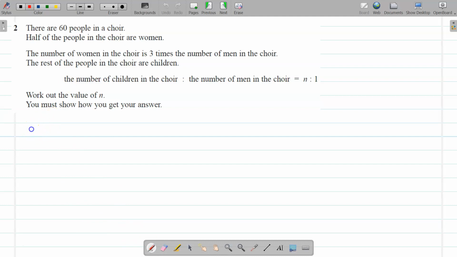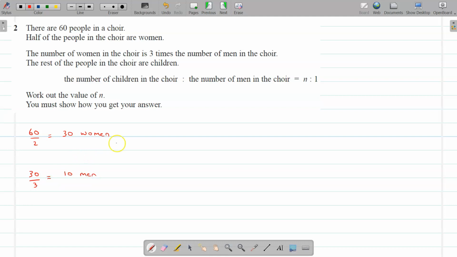So 60 divided by 2 equals 30 women. Okay, next thing. The number of women is 3 times the number of men. So if I take 30 and divide it by 3, I get the number of men, which is 10 men.